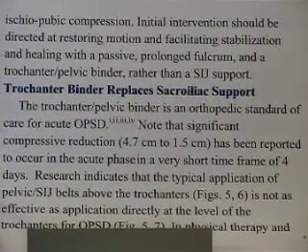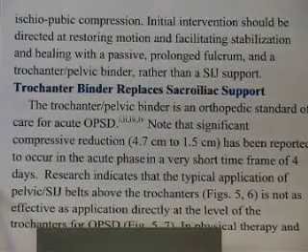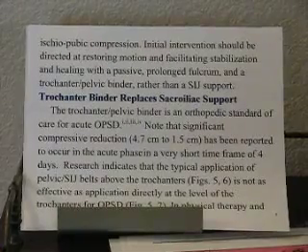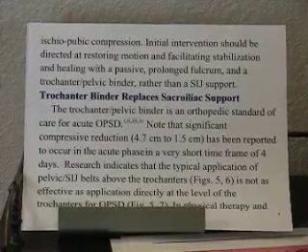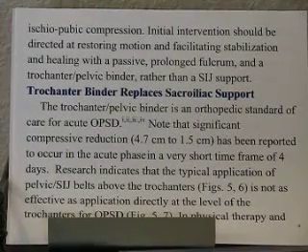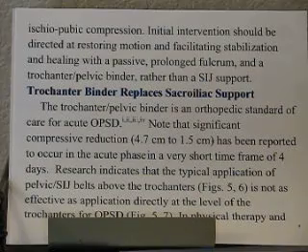Initial intervention then should be directed at restoring motion and facilitating stabilization and healing with a passive prolonged fulcrum with a force applied, and also with use of a trochanter/pelvic binder rather than being applied higher up as in a traditional sacroiliac support.